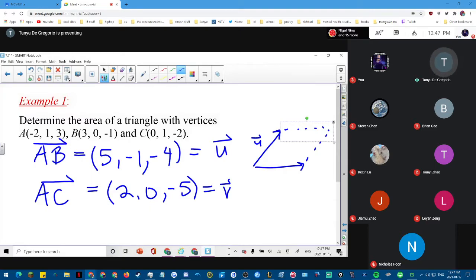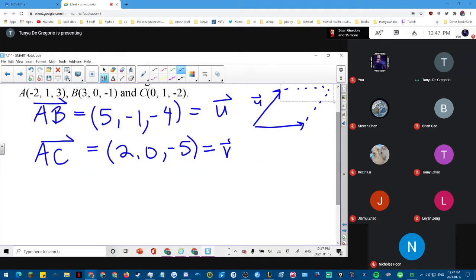So what I want to do first is cross U and V. If you remember, to cross U and V, I'm just going to move this down. What's my shortcut? We put the components of vector AB two times, and then on the next line, we put the components of vector AC two times. Perfect.